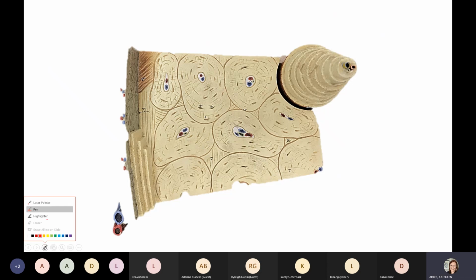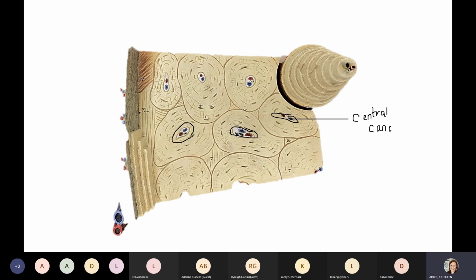I'll turn it black, that'll be easier to see. Right here, all these guys. Yeah, exactly. Several of us chiming in. All of the places where you see those blood vessels are called the central canals. Remember, that's the place where the blood supply goes into the bone tissue, the central canals. So where you see blood vessels, that's a central canal.